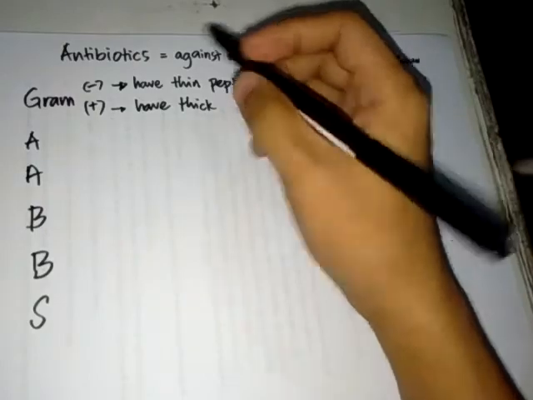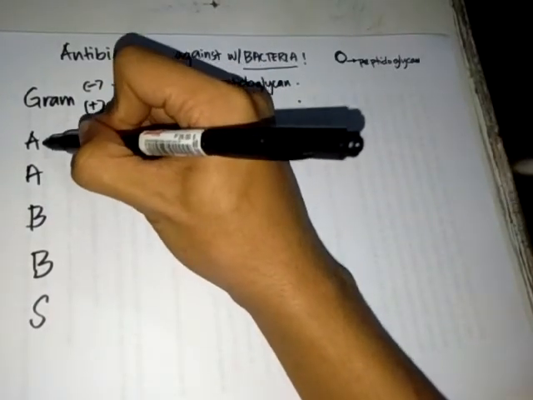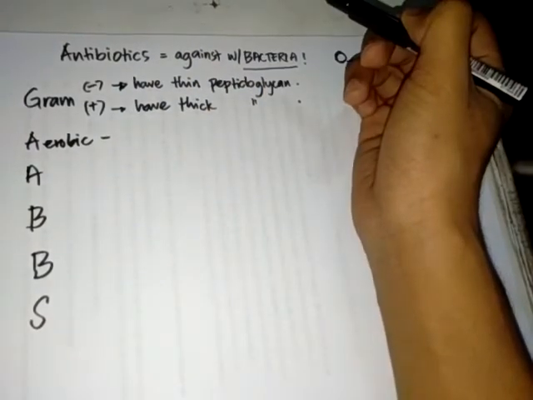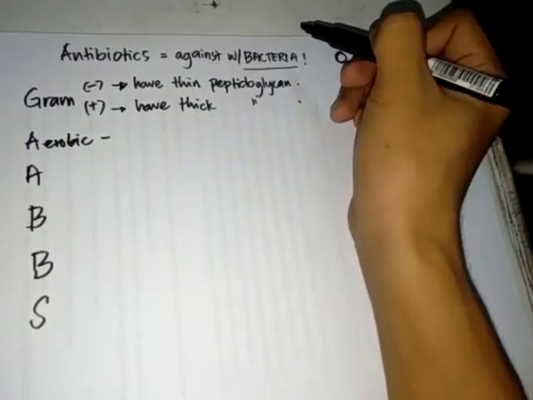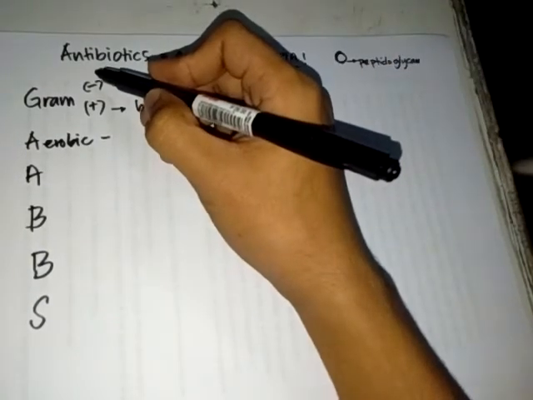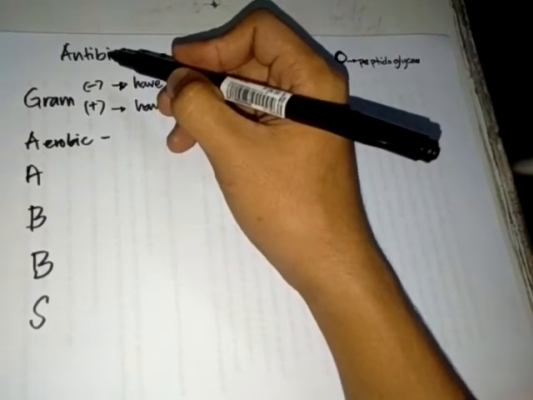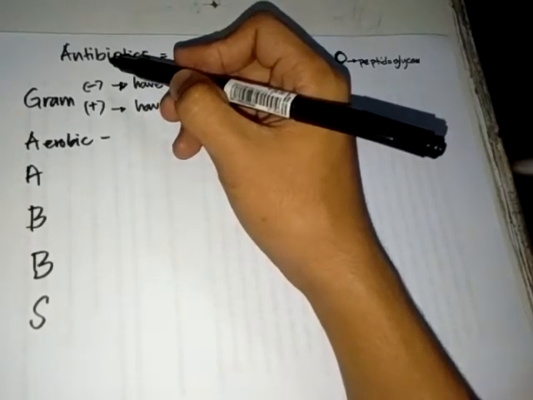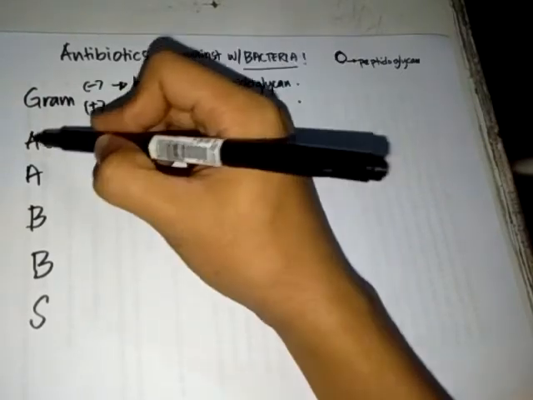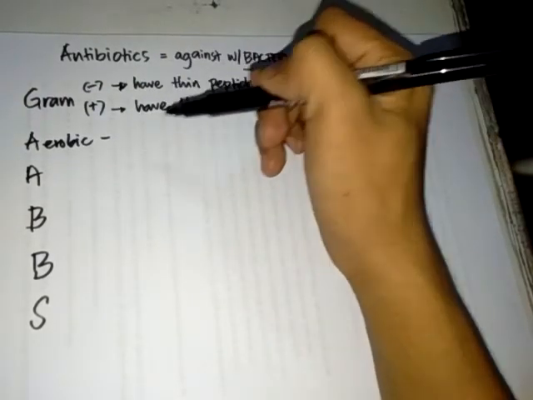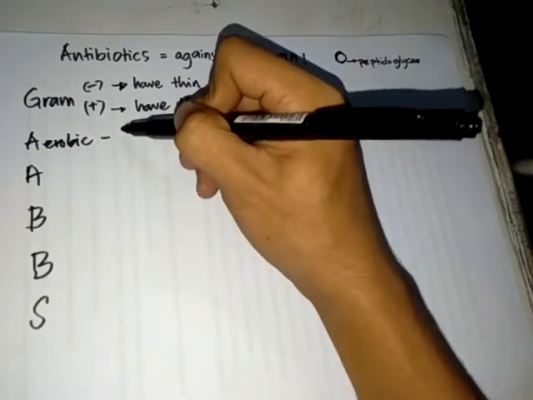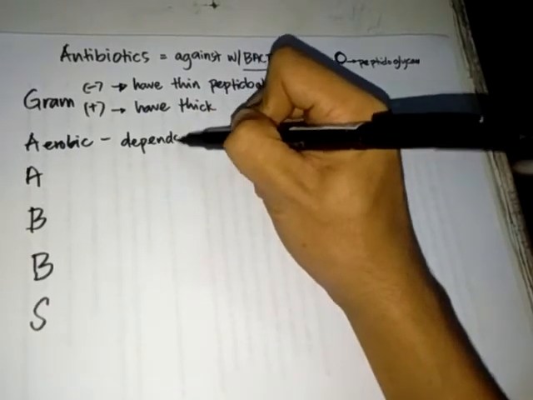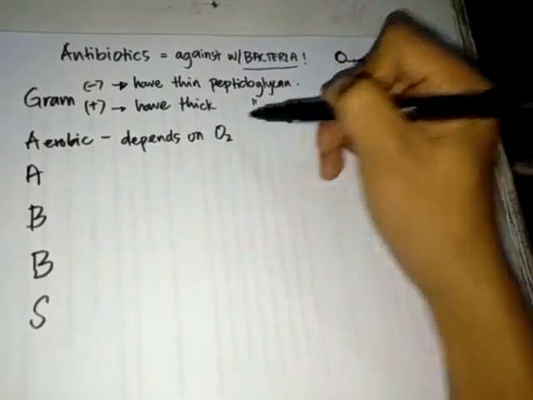Okay, what's another A? First A stands for your aerobic. Your aerobic type of bacteria, actually I'm speaking also with the bacteria because there are also bacteria that cannot live with the presence of oxygen, and there are also bacteria that can live with the presence of oxygen, or they depend on the presence of oxygen. So your aerobic bacteria, these are your bacteria that depend on oxygen for survival.